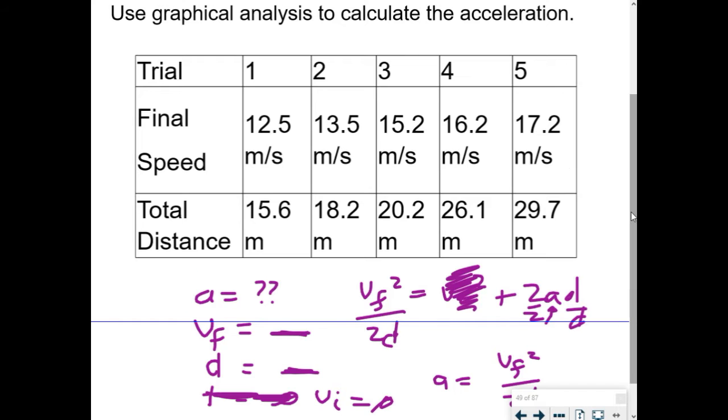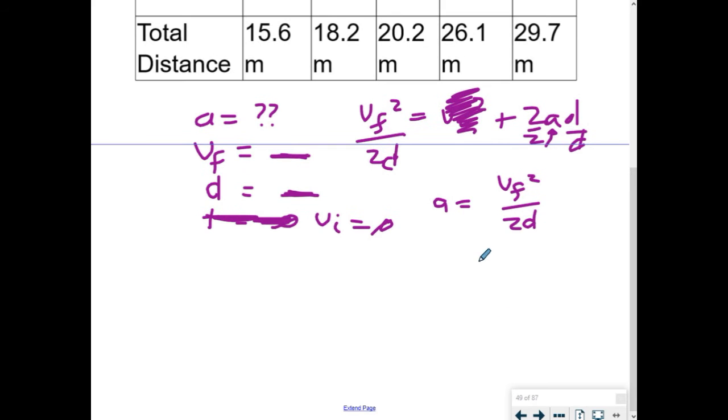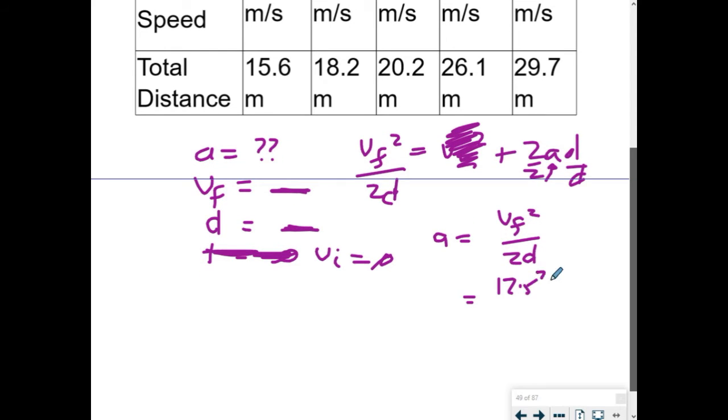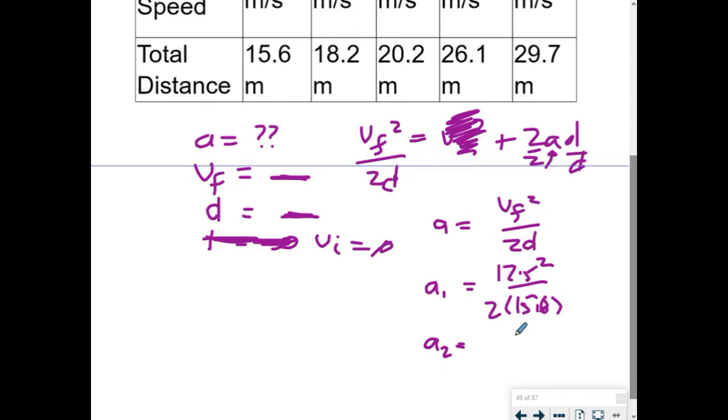Because if you do all your algebra first, all you have to do is plug in your velocity final of, say, 12.5, divide by 2 times 15.6, and you've got A1, let's call it. But if you've already got your formula ready to go, A2 will be 13.5 squared over 18.2 times 2. Do you see how I'm saving myself some time by pre-algebraing this?